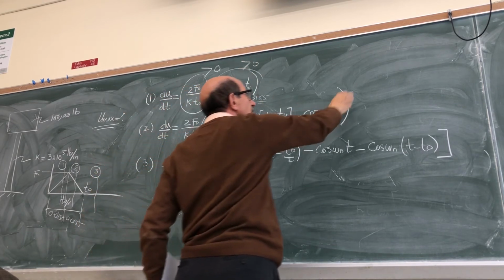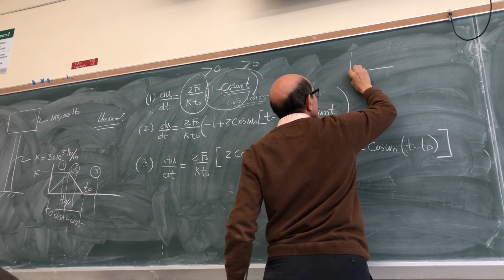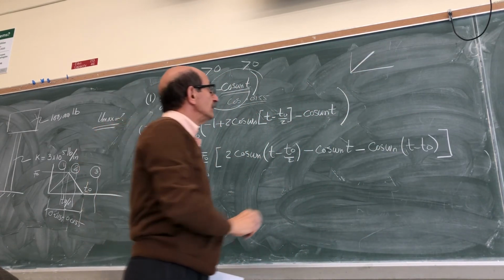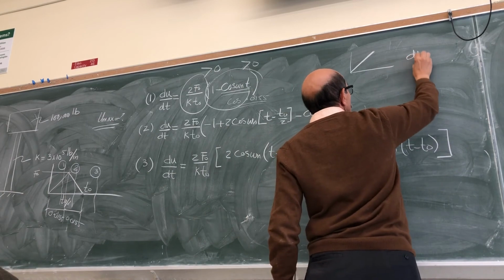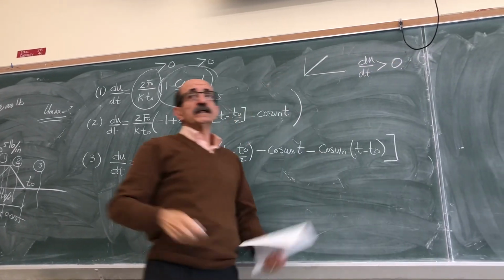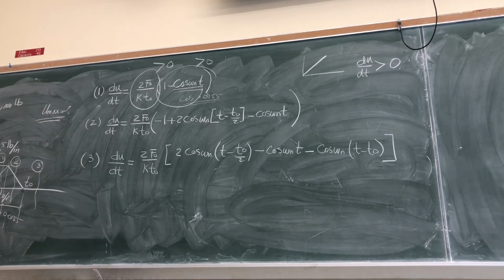So during this phase, this derivative will always be greater than 0, cannot be 0. That means you have a function whose derivative is always positive.